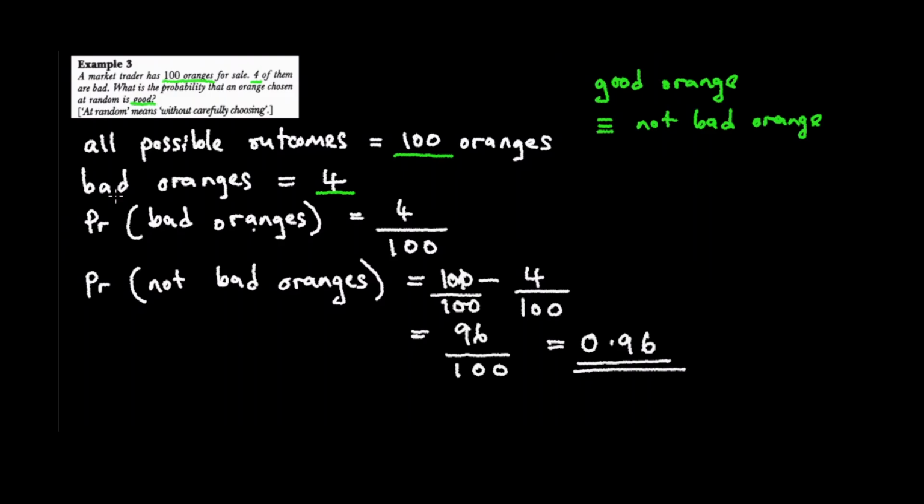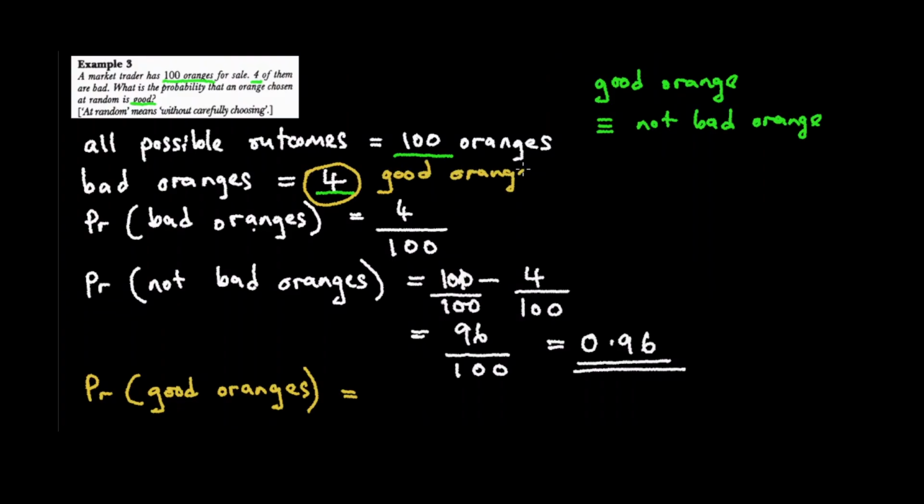Saka umwe angachigona kuianswer in this way. Umwe angachigona kuti probability of good oranges is equal to ona kuti question yatipa bad oranges. Saka kana mabad oranges ari 4 zvinoreva kuti magood oranges anenge ari equal to total yemaorange subtracting 4 akashata kuti pa 96.